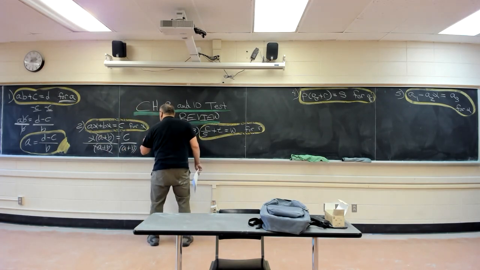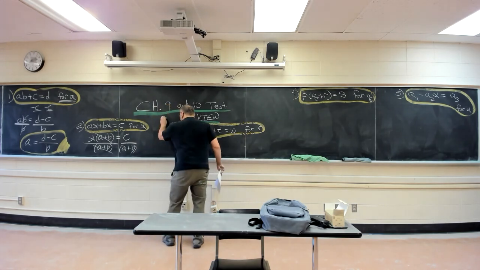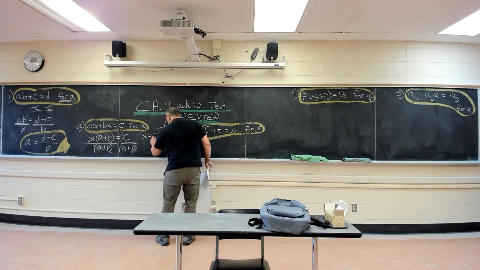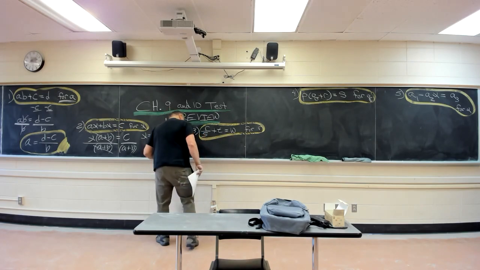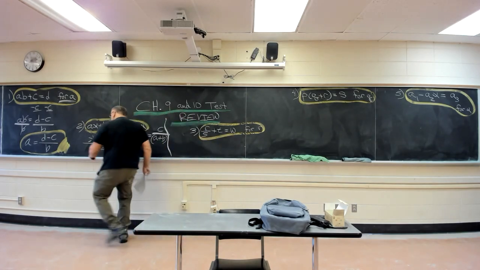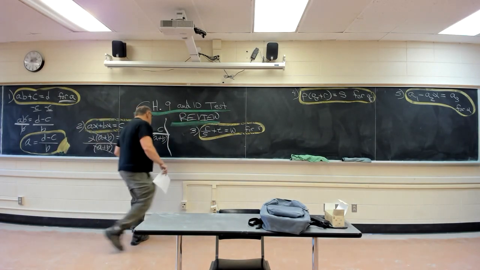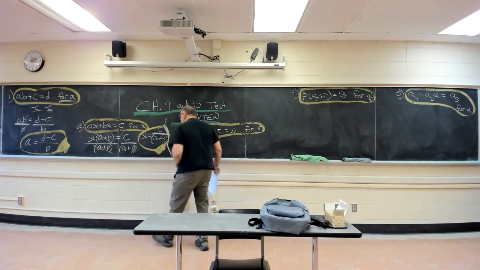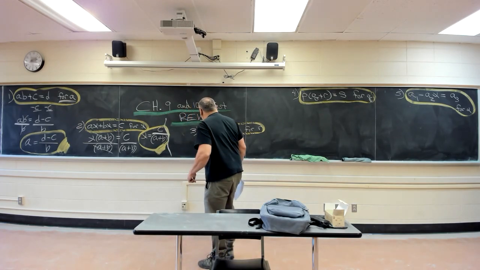What you have is, for this particular place, X equals C over the quantity A plus B. So we got that.